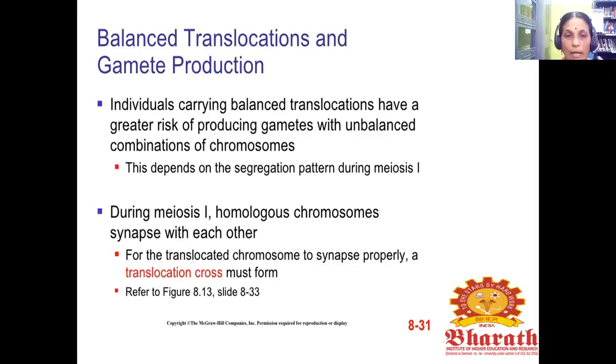This depends on the segregation pattern during meiosis I. During meiosis I, the homologous chromosomes synapse with each other. For the translocated chromosomes to synapse properly, a translocation cross must form.